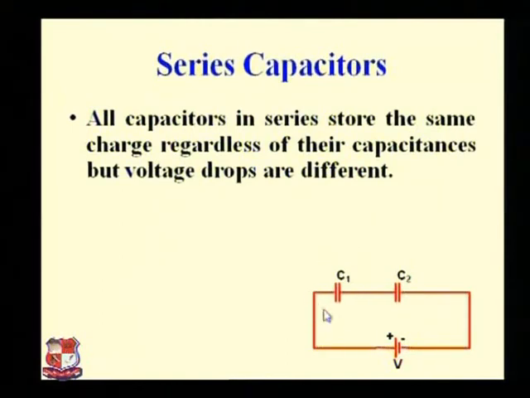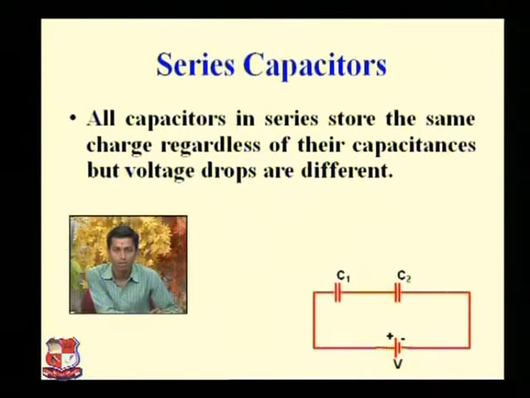The voltage drop across the capacitor C1 is given by the value V1, and the voltage drop across the capacitor C2 is given by V2. So the total voltage is V equal to V1 plus V2.